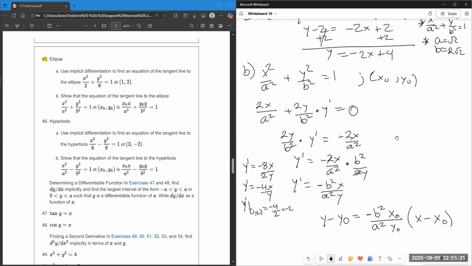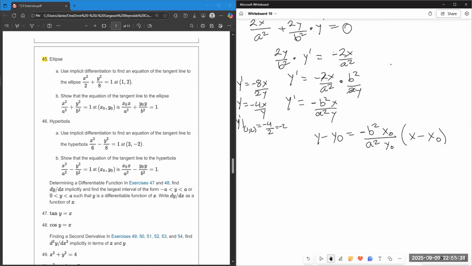Now I'm not going to do the traditional multiply all this stuff across and try to solve for y, because I'm trying to get this to look like a different form. So I want to get rid of this y0 that's in the denominator and multiply it to the left. So this is going to be y0 times y minus y0 squared is equal to negative b squared x0 over a squared times x minus x0.